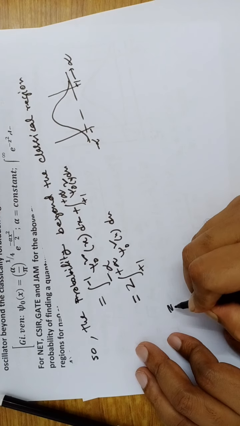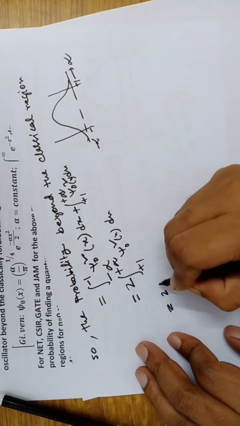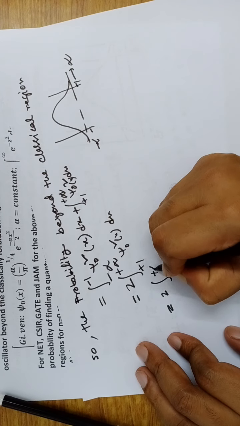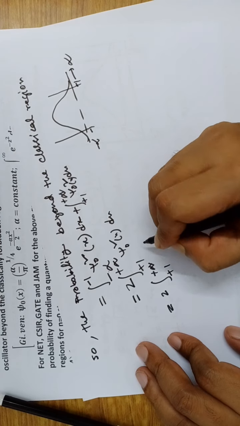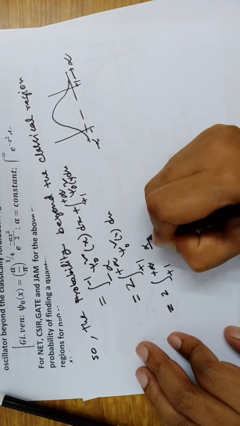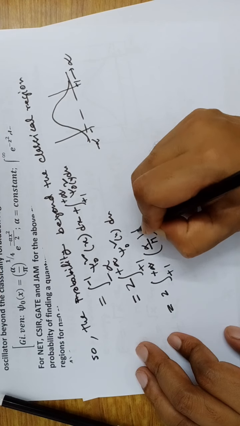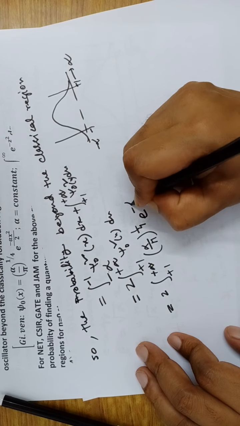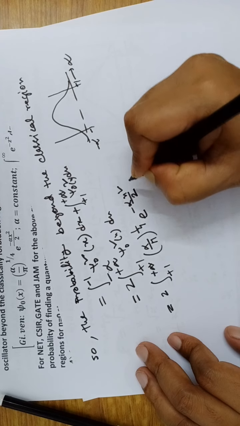So equal to 2 times the integral from plus 1 to plus infinity, where the wave function is alpha by pi whole to the power 1 by 4 e to the power minus alpha x square by 2.